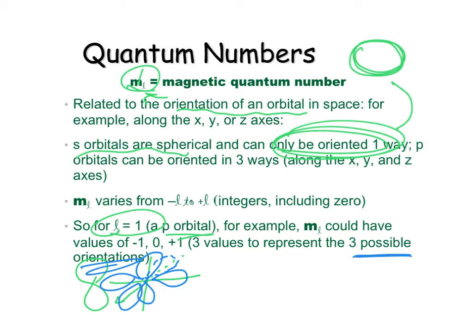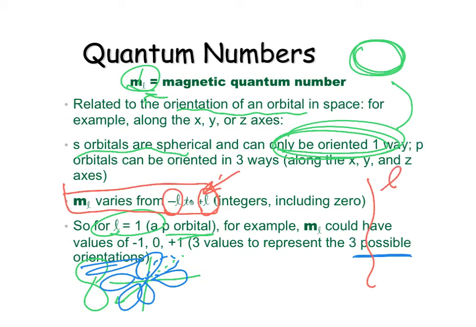Now let's spend a minute defining the limitations for the values of m sub L. You see here that its values vary from negative of whatever the value of L is to positive whatever the value of L is, moving in integers. So let me give you an example. Let's say that the L value was 0.